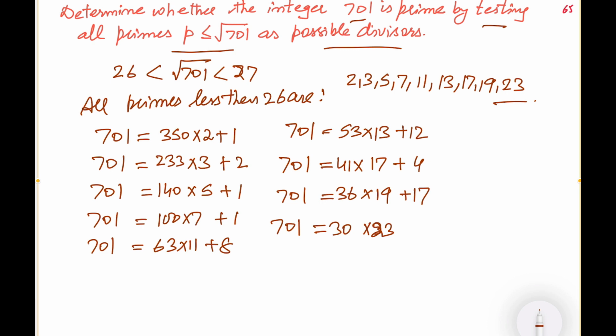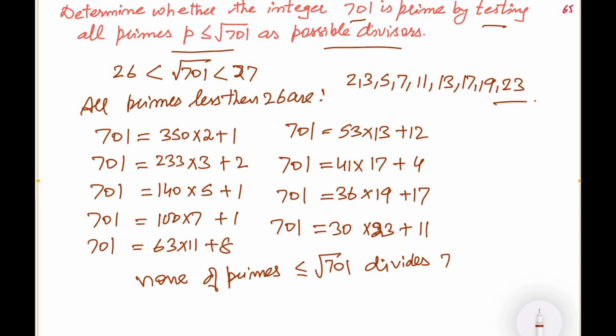Quotient is 30, remainder is 11. So we see none of the primes less than or equal to the root of 701 divides 701, which means 701 is a prime.